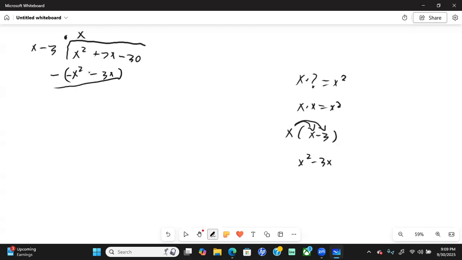That means I flip all the signs, change my operation, and combine like terms. Well, these cancel, leaving 0 plus 7 plus 3. That's just 10x. There's nothing attached to the negative 30, so it just comes down.